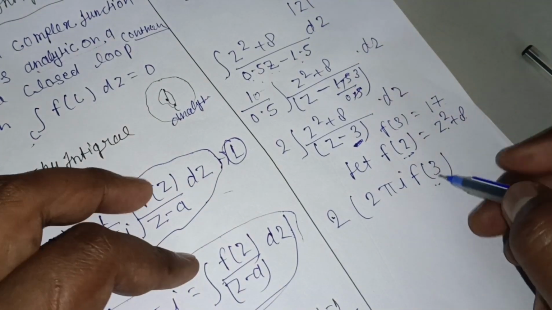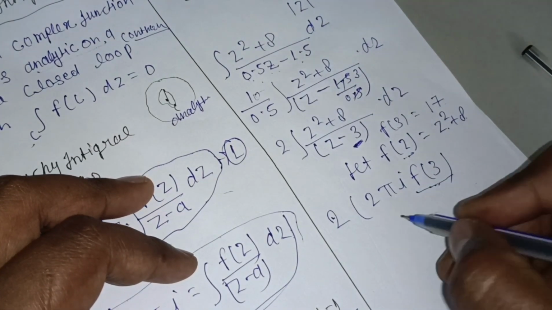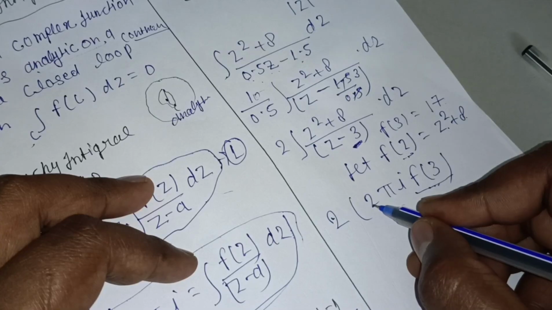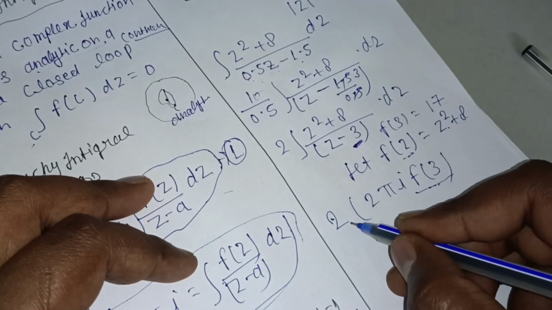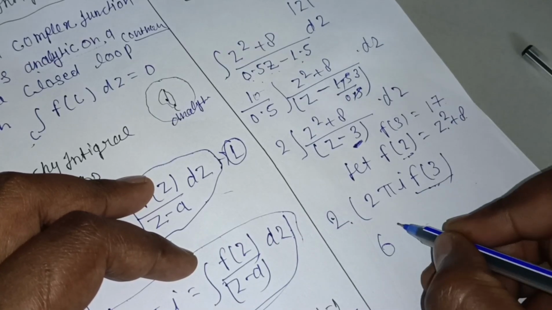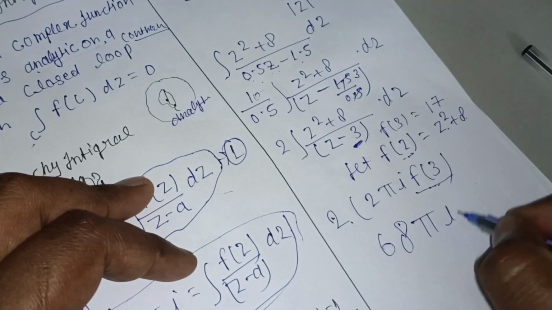So here it will be 17. 17 times 2 is 34, 34 times 2 is 68. The final answer will be 68 pi i.